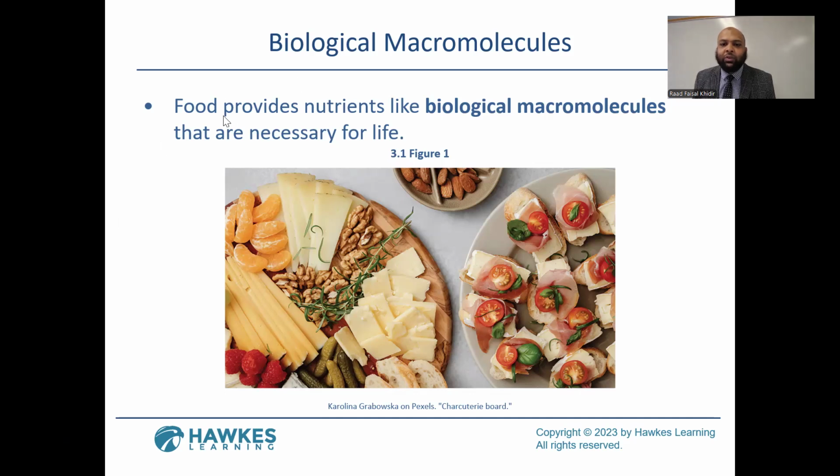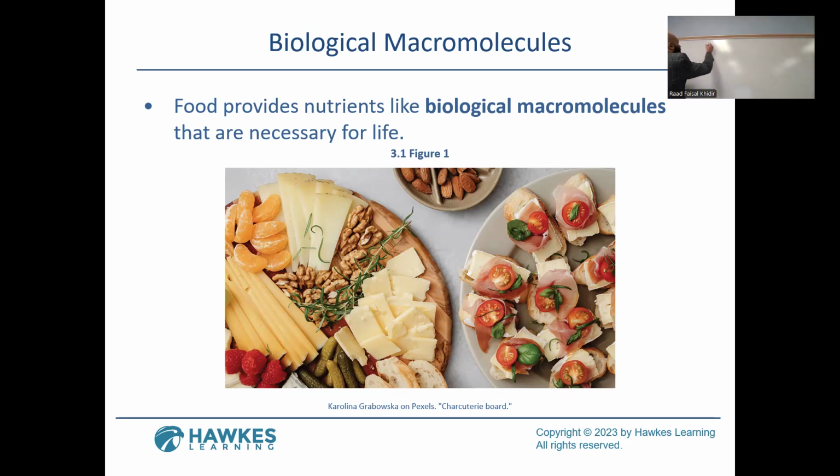Okay. So the food provides nutrients like biological macromolecules that are necessary for life. But you have to understand we have four different types of macromolecules. What are the four different types of macromolecules that we have? Excellent.